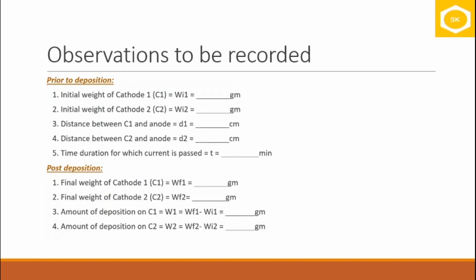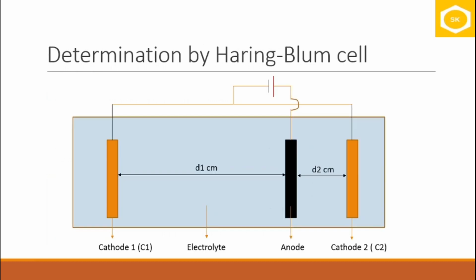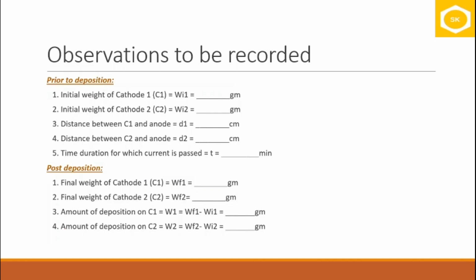Once you have recorded all of this, now you can begin the experiment where when current is supplied, anode produces metal ions and cathodes attract metal ions for the reduction reaction, and hence metal gets deposited on both of them. So eventually, when you pass current for a certain period of time, cathode 1 and cathode 2, both of them will gain weight. So once the decided time is over, you are going to stop the supply of current.